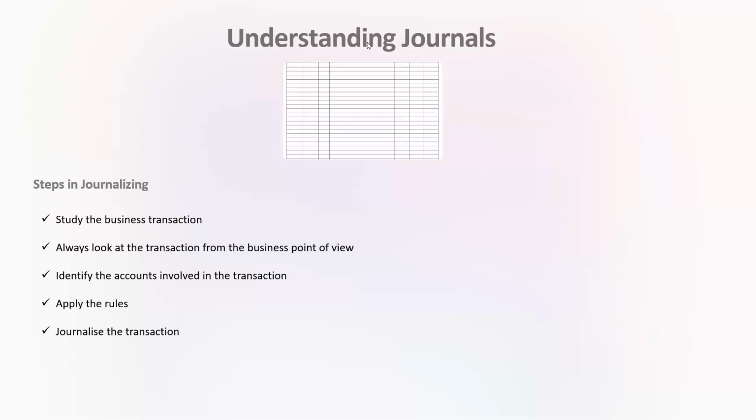So you have three aspects involved in a credit purchase: the company, the supplier, and the nature of the transaction, which is credit. We have to identify the nature of the accounts, make the appropriate entry, then apply the rules, and finally journalize the transaction.